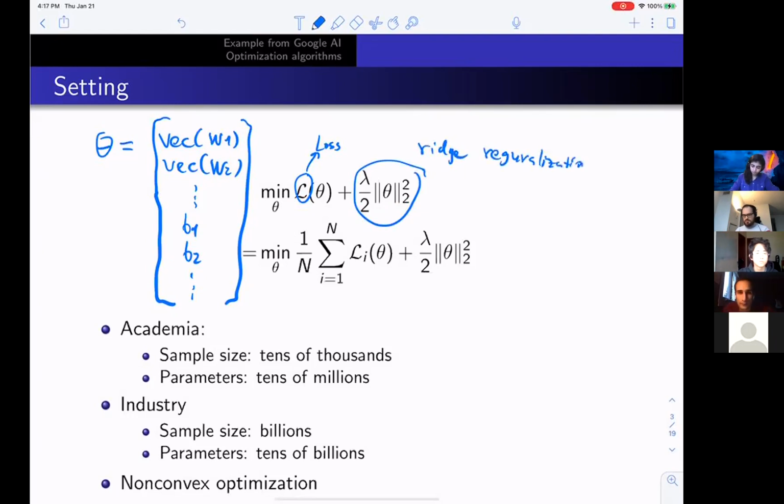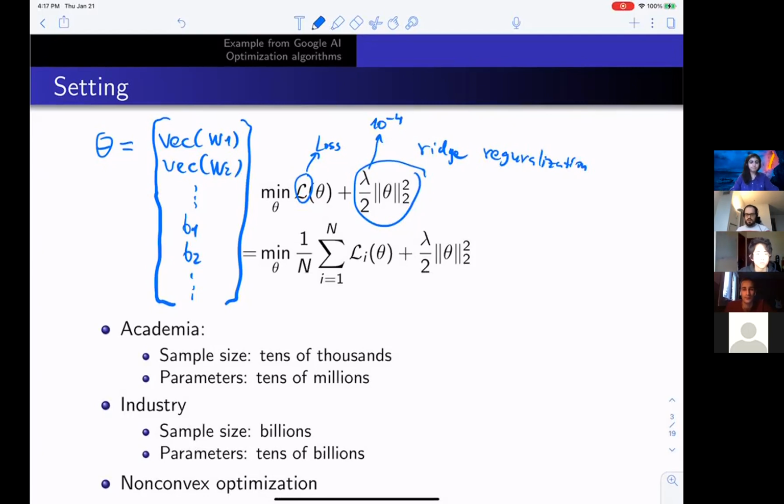It has many names, but essentially it's just a small, tiny quantity that you add to the loss. Usually lambda is something like 10 to the minus 4. So lambda is a very small scalar, and you have lambda multiplied by the L2 norm squared of the parameters.